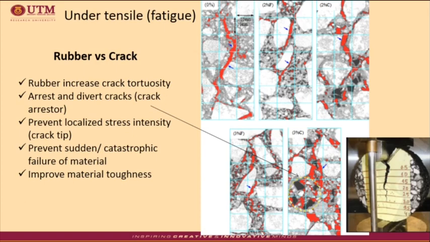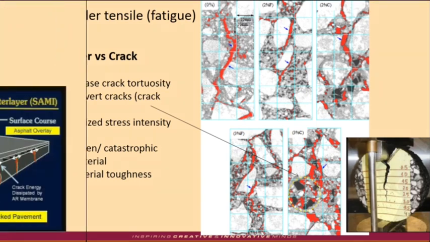This is supported by a previous study which discovered that crack tortuosity is an important variable affecting the fracture toughness of the material, because it has the potential to prevent the localized stress intensity in the area of the crack tip from reaching a critical level where catastrophic crack propagation occurs.